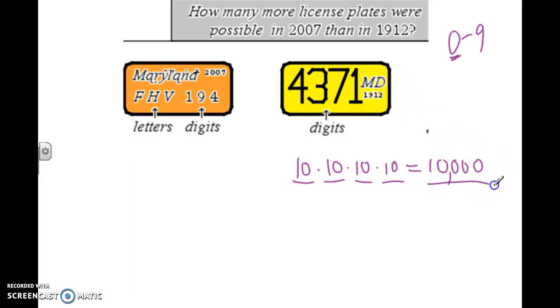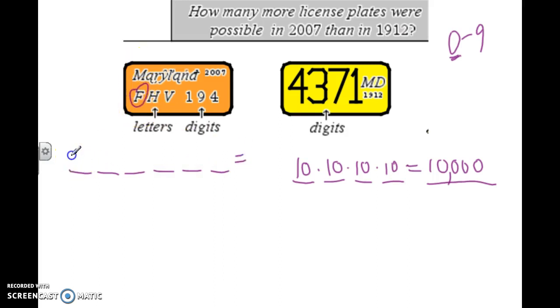Now that's not enough for current times. And so in 2007, they had 3 letters and 3 digits. A lot of states are kind of like this. They have 3 letters and then 3 digits. So let's think about the possibilities here. I call this the slot method, but it's using the counting principle. We're going to multiply how many different letters there are for the first letter.